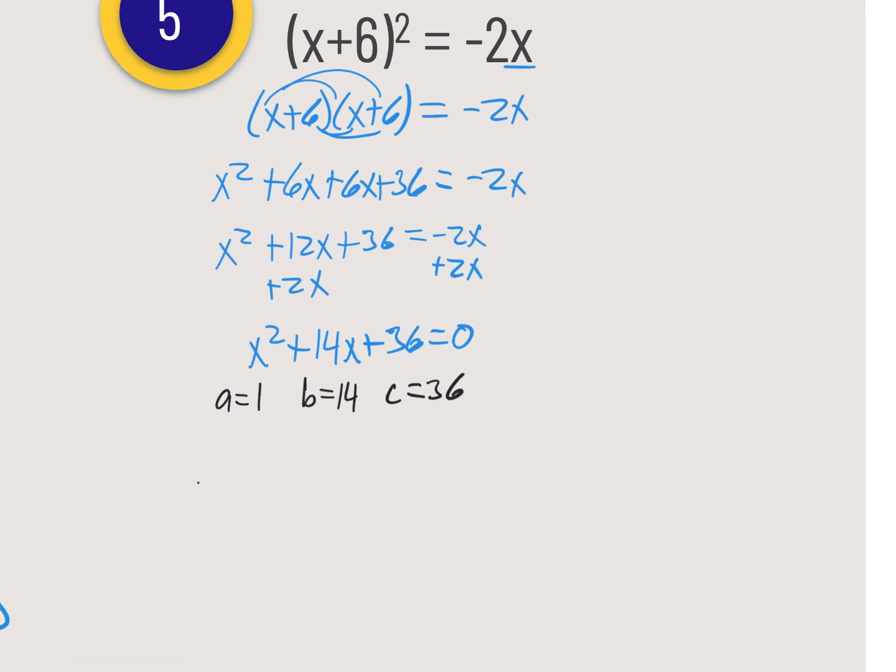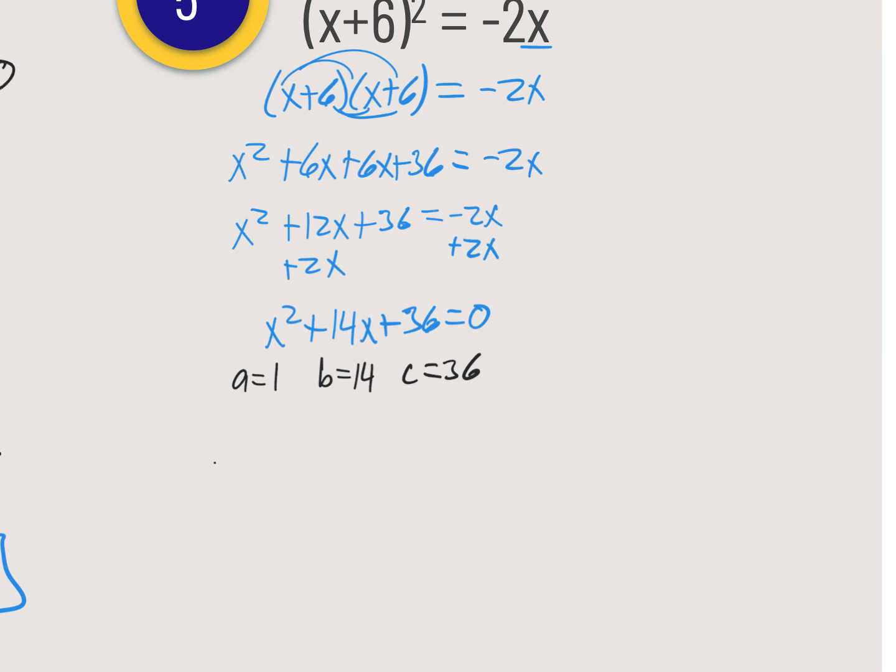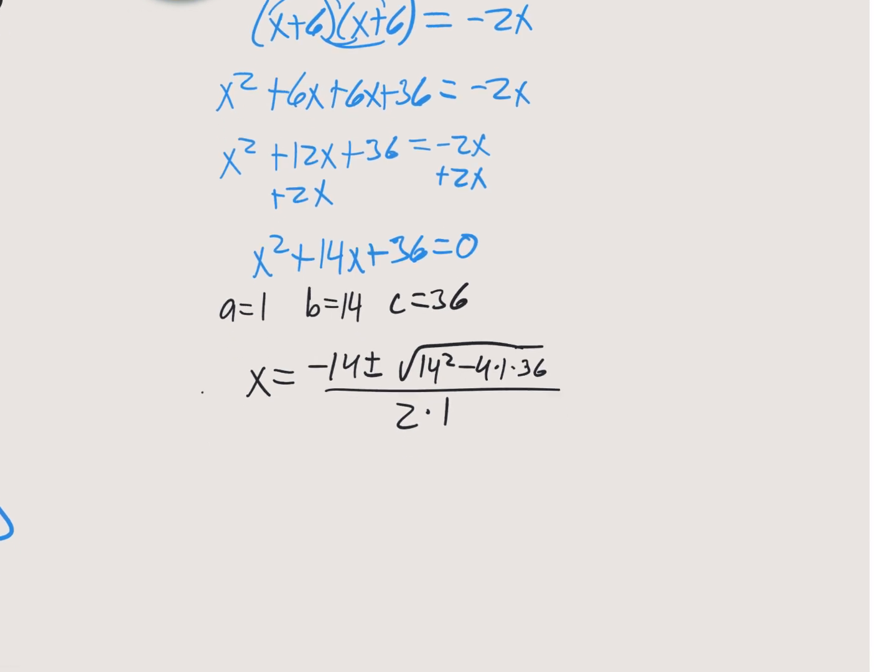All right. And now we want to plug it into the quadratic formula. So we should get x equals negative 14 plus or minus the square root of 14 squared minus 4 times 1 times 36, all right, over 2 times 1. All right, now let's simplify this a little bit further.